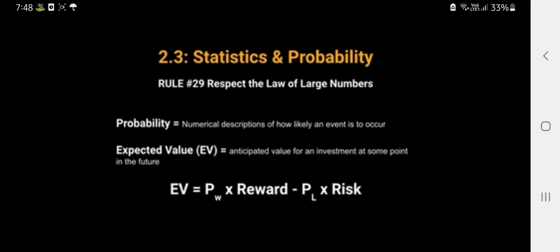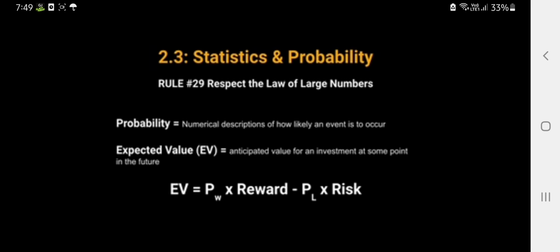It doesn't matter that there's a quote unquote infinite number of different ways that Bitcoin could go.